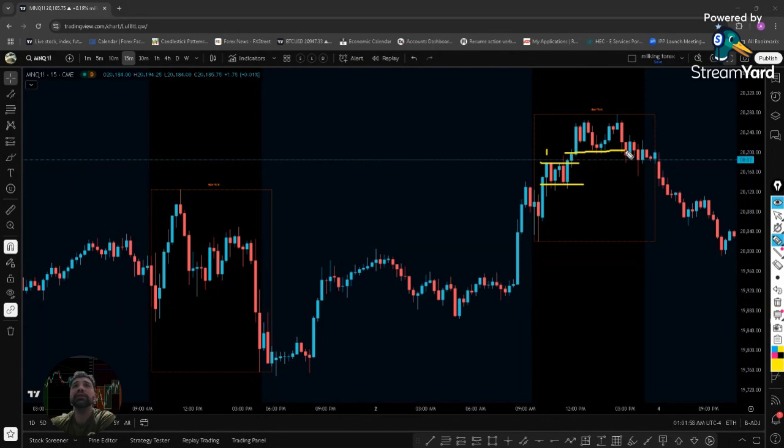Later on, we can see the same thing happening: prices pushed on the upper side, came back down, pushed further on the upper side, giving the indication that they're going to break out further on the upper side. But what ended up happening is that prices came back down there.